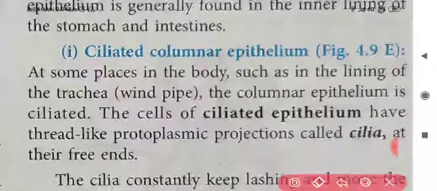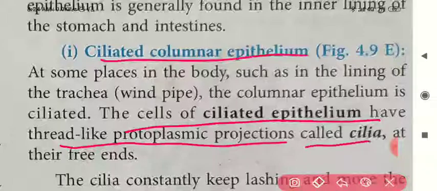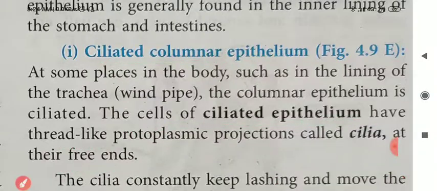The cells of ciliated epithelium have thread-like protoplasmic projections called cilia at their free ends.